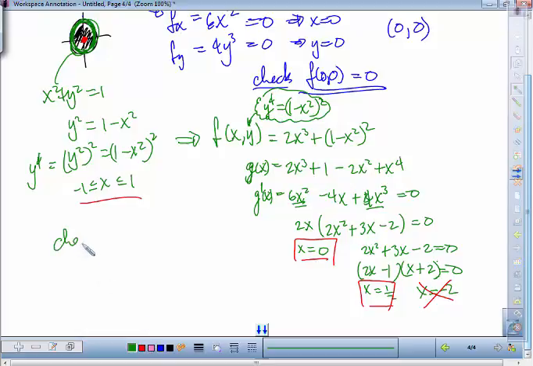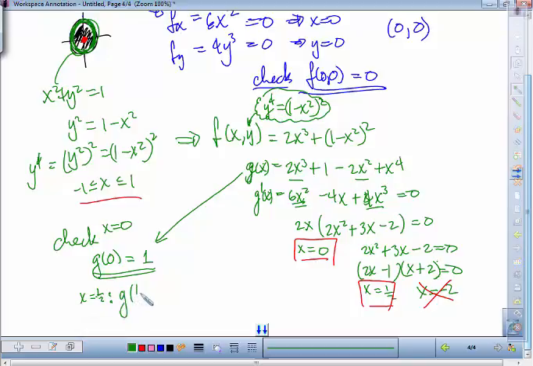So check x is equal to 0 by putting it into the f function or the g function. This is going to be 1, right, when we put 0 in. So there's an x, and there's an x, there's an x, so all that's going to be left is 1. And then we'll check x is equal to 1/2. G of 1/2.